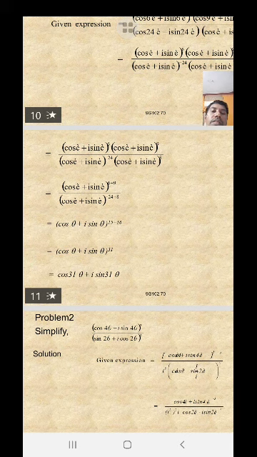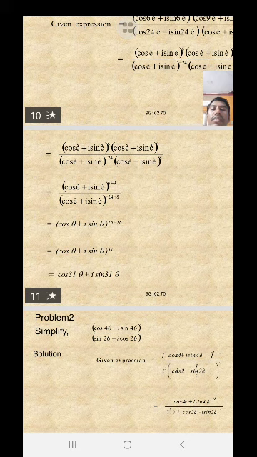Again another formula here: a^m by a^n equals a^(m−n). If the bases are same, the powers are different and it is a division, we can write one term, the base once, and the powers subtracted. So (cos θ + i sin θ)^(15 − (−16)).